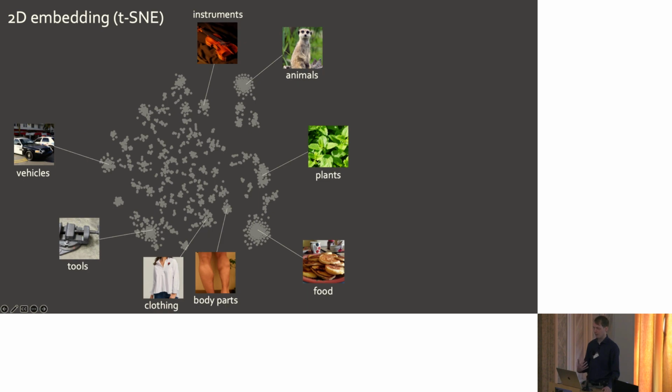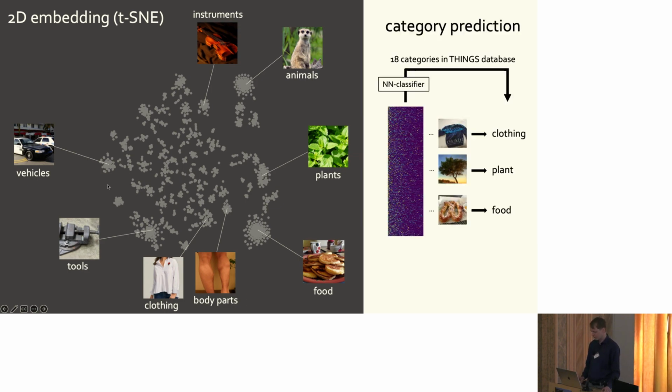In other words, what we are capturing with this similarity structure also seems to include categorization, or the category. We quantify this by running a classification approach to see how well we can predict the category that an individual thing belongs to, based on these 49 dimensions.